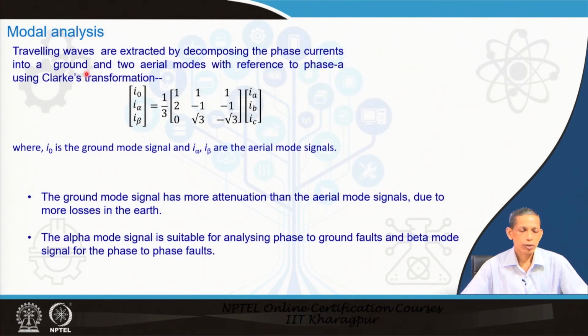Now, from the perspective of how the travelling wave originated during a fault can be used for different protection applications. It is not as straightforward as in phasor based or sequence component based protection schemes, where we do data sampling, acquisition of the data, and then a one cycle DFT or other filters to extract the fundamental, and then use it for the different principles.